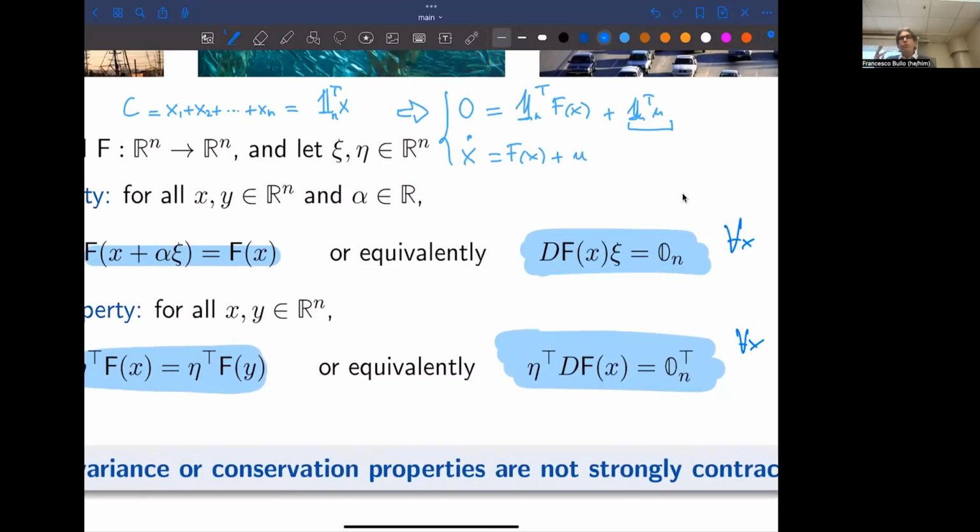There is no hope to prove global contractivity because you are invariant or because you have a conserved quantity. If the quantity is conserved, you can have a system at different levels of conserved quantity. For example, you may have a box with a certain amount of chemicals, it goes to an equilibrium. If you throw more chemicals inside, it goes to a different equilibrium. You're living with a different amount of chemical concentration.